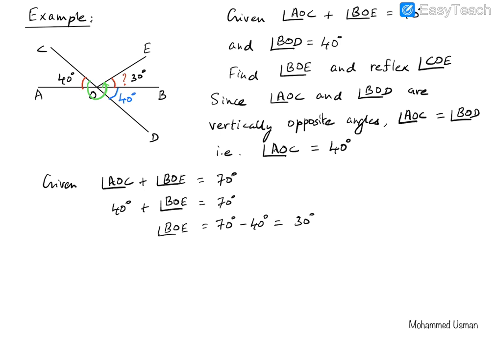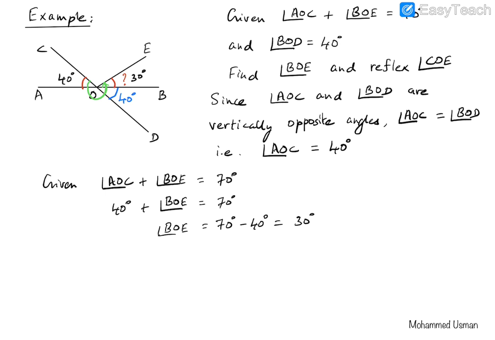Now we want to find the reflex angle COE. For that we'll find first the internal angle COE, the normal angle COE inside this, and then we can subtract that from 360 to get the reflex angle COE. So let's first find angle COE. How to find angle COE?